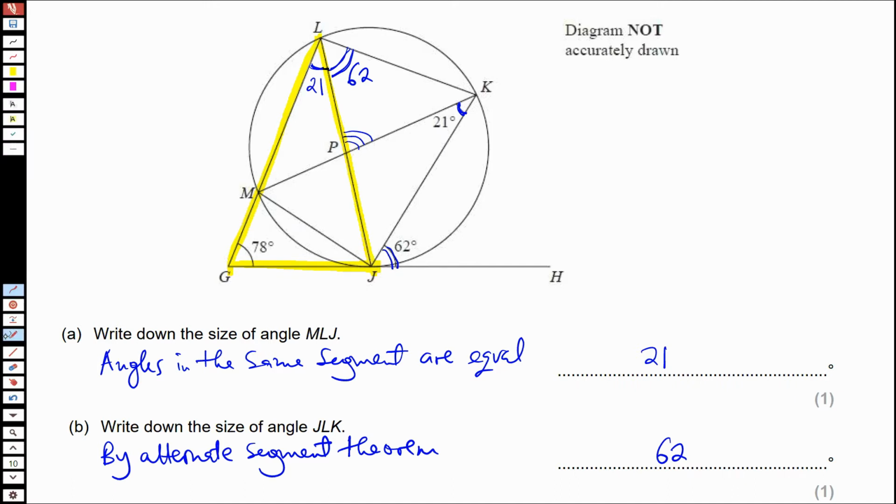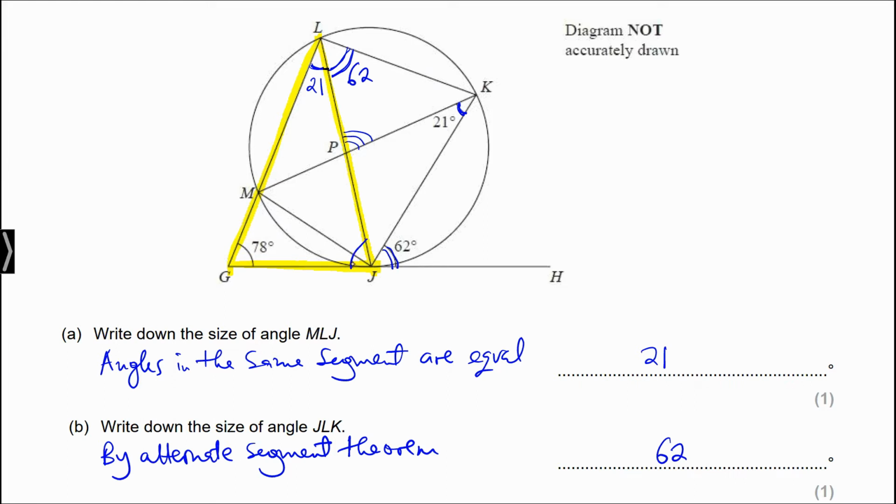We know that angles in a triangle add up to 180 degrees, which implies that this angle here will be equal to 180 minus (21 plus 78), and that will be equal to 81 degrees.